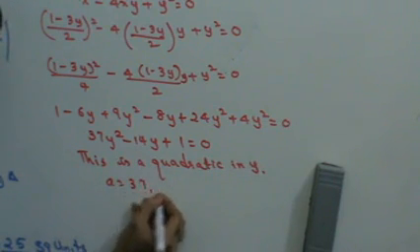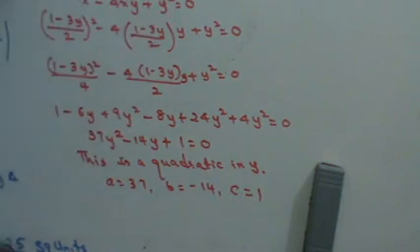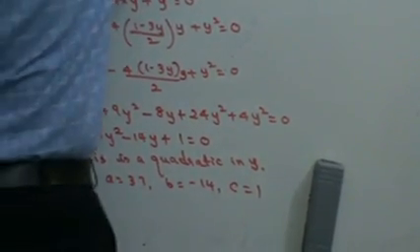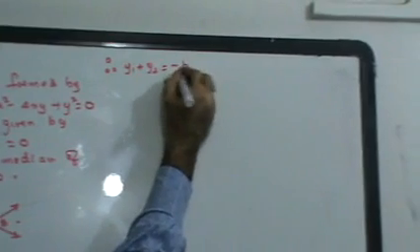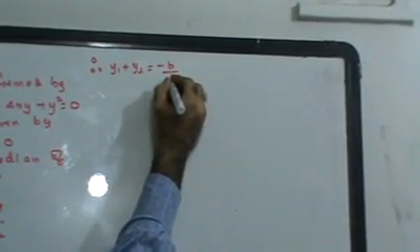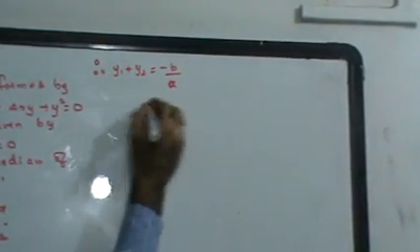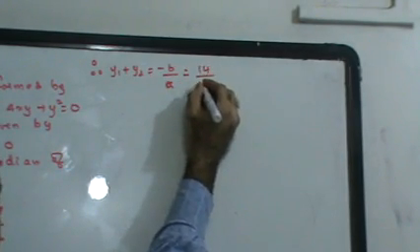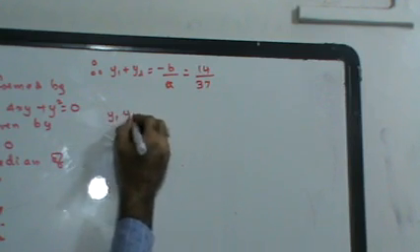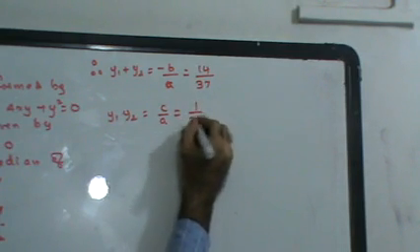Therefore, a is 37, b is minus 14 and c is 1. Now, let y1 and y2 be the roots. Therefore, I can say that y1 plus y2 is nothing but minus b upon a, so that is minus of minus 14, that's plus 14 upon 37, and y1 y2 is nothing but c upon a, which is 1 upon 37.